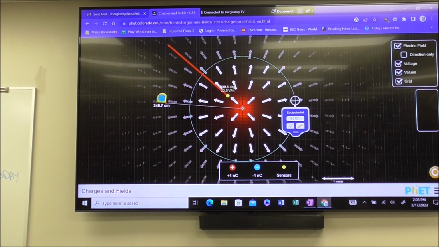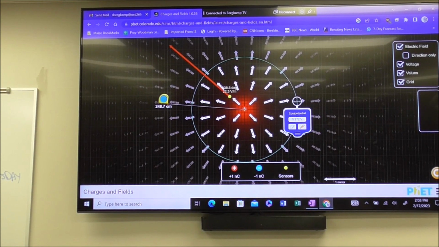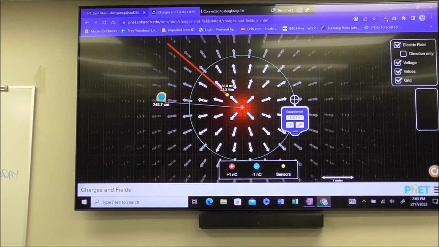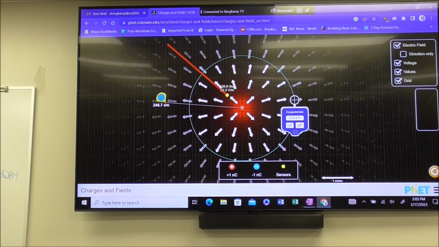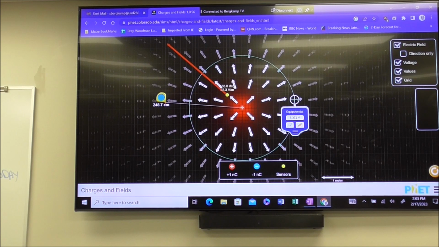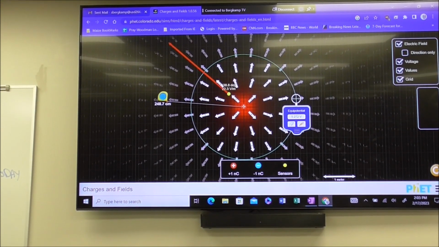The magnitude's the same, it's just the sign. The voltage is a negative value, with the opposite sign. The magnitude increases as you get closer, or as the probe gets closer.